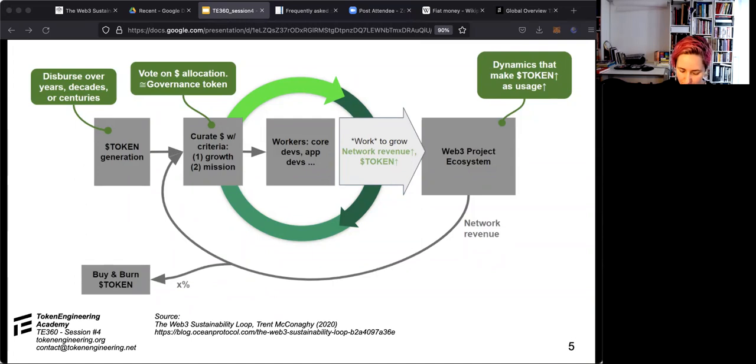And one element that I would add to Trent's model is probably CC0. If you CC0 at least one little element of your ecosystem, it will guarantee you a bit more constant growth. And I think Trent is doing this with Token Spice.